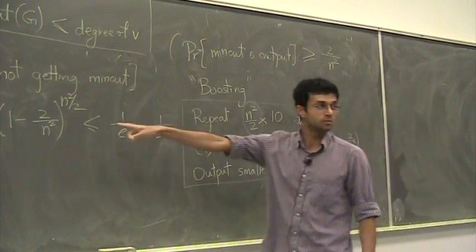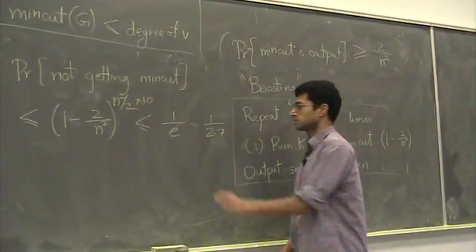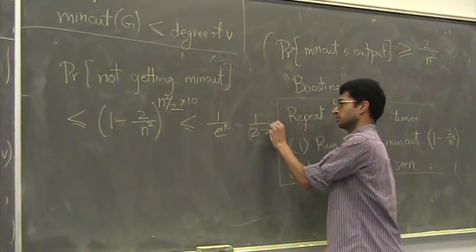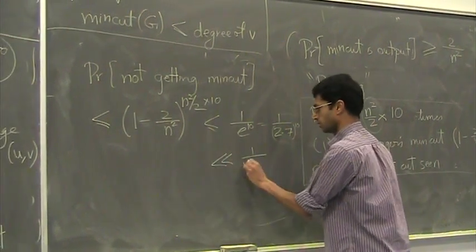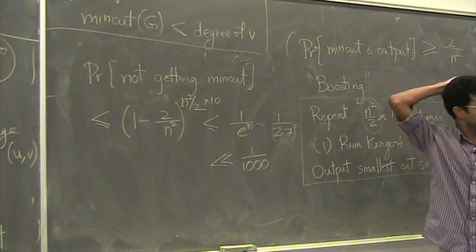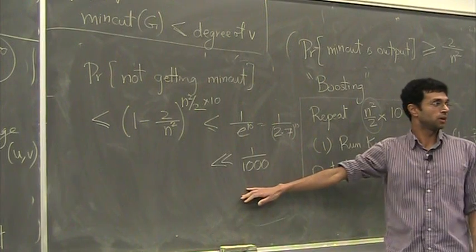Let's go back here. This times 10 gives 1 divided by e to the power 10. That's much smaller than 1 divided by 1,000. Now your odds don't look that bad. The probability of not getting the Mincut is less than 1 over 1,000.